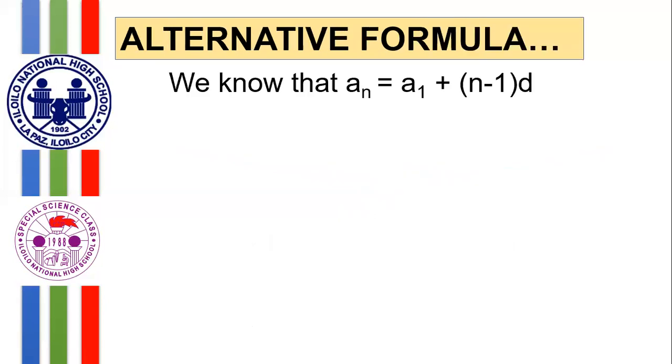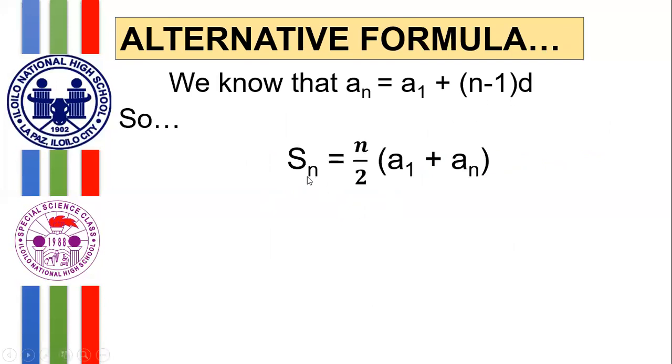Now, let's talk about an alternative formula. In our previous lesson, we remember that the nth term of a certain arithmetic sequence is a sub n equals a sub 1 plus the quantity n minus 1 times d. From this formula, we could replace a sub n with a sub 1 plus n minus 1 times d, because they are equal.